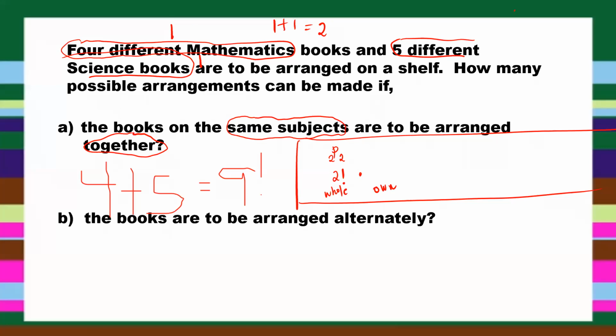Own arrangement of math, 4, so that's 4 factorial or permutation of 4 taken 4, times the 5 science books, which is 5 factorial. Their own arrangement also. So that's permutation of 5 taken 5 at a time, which is equal to 2 factorial times 4 factorial times 5 factorial.